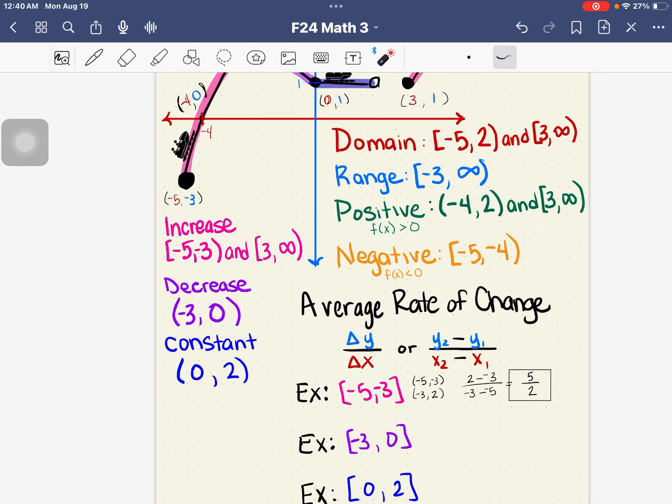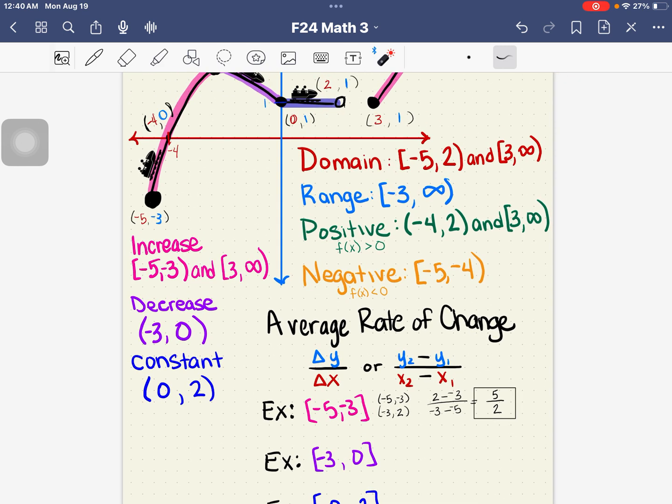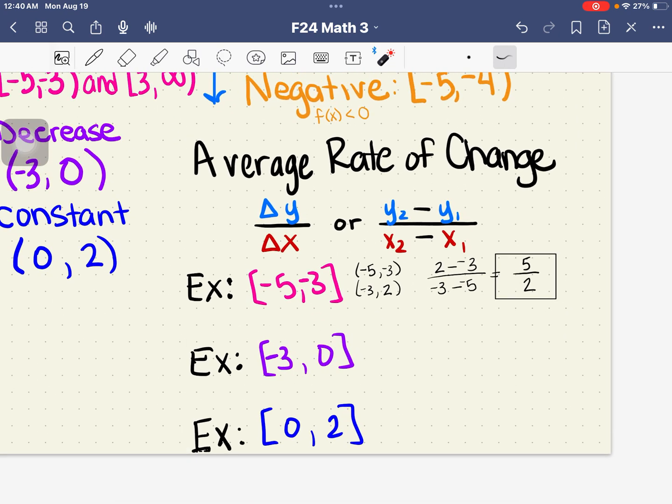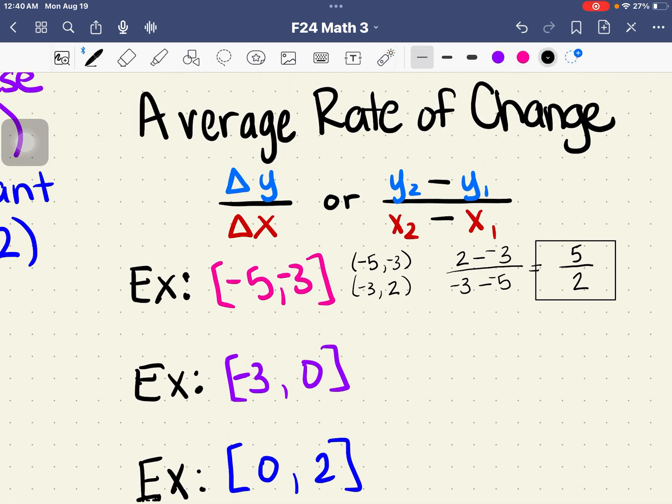Okay? Now let's look at our next interval. Between negative 3 and 0, so this point and this point. So let's get our y values for that. At negative 3, the y value is 2. At 0, the y value is 1. So I'm going to write this down. Again, at -3, the y value is 2.